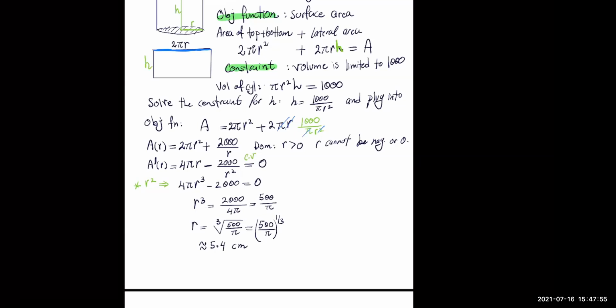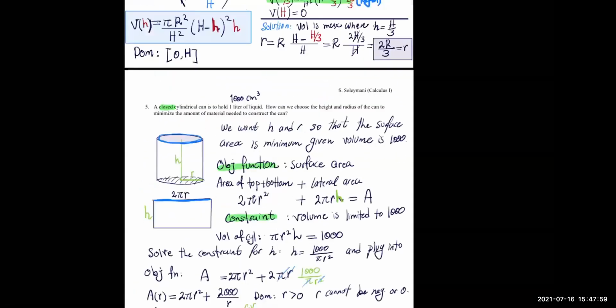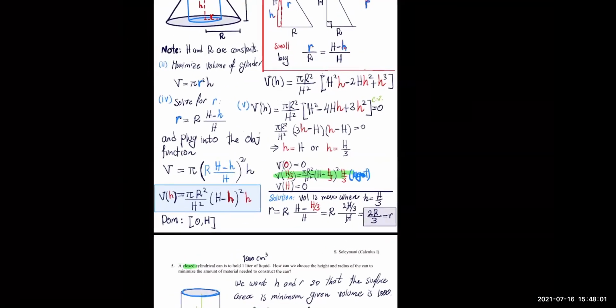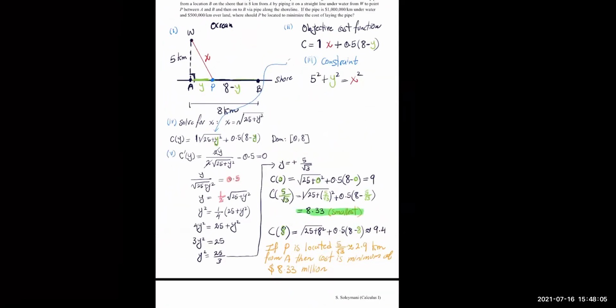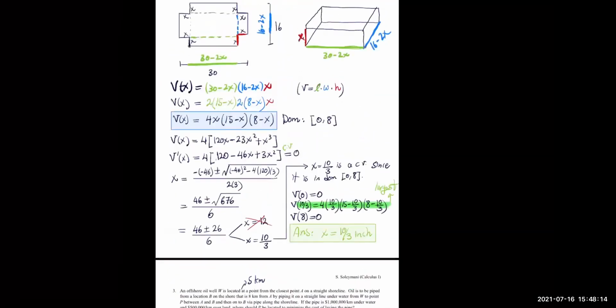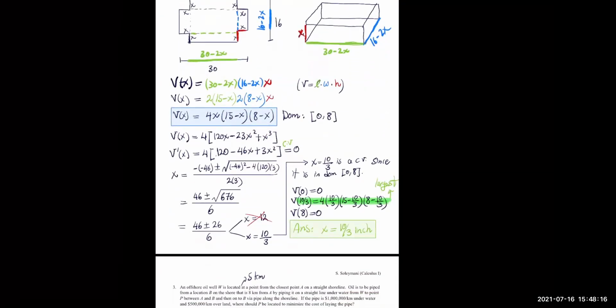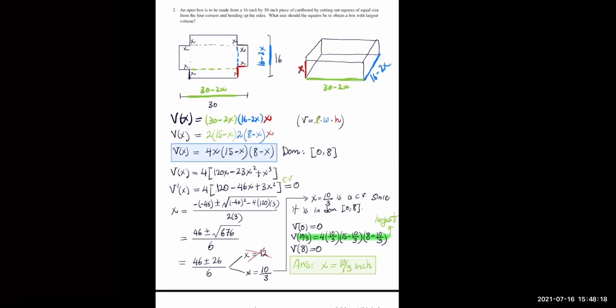If it was a minimum problem, like the last problem that we did, I plugged the endpoints and the critical value, and I took the smallest. For other problems, this was a maximum problem. I plug in the endpoints and the critical value, and I took the biggest.